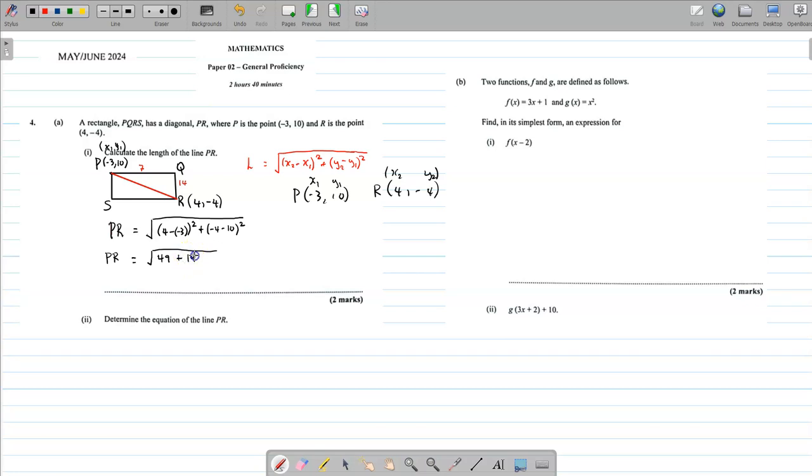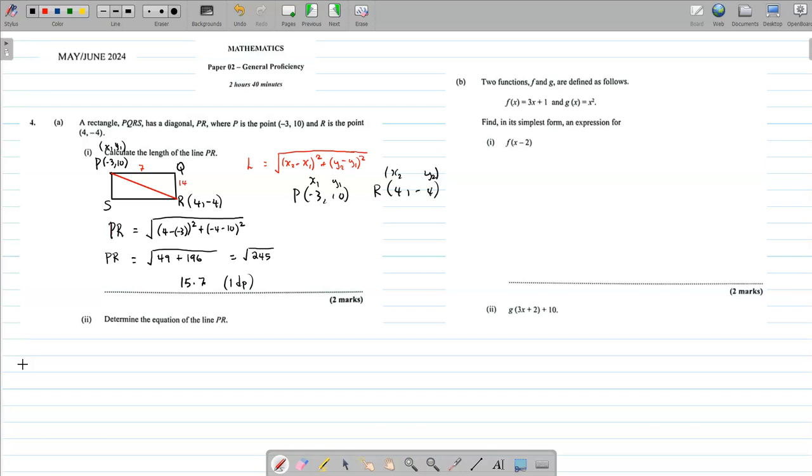When you add that together, you get 245, so you want the square root of 245. And that is 15.7 units to 1 decimal place.